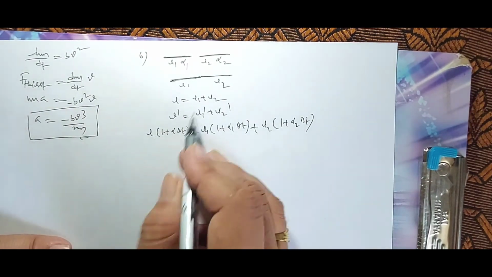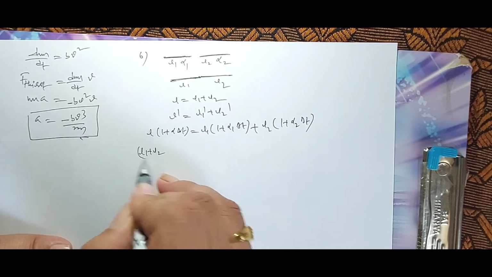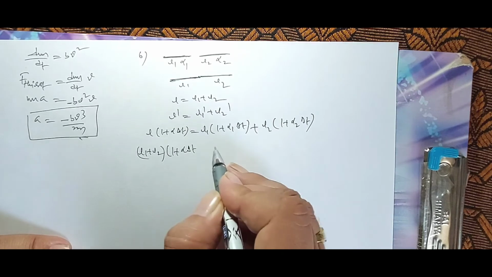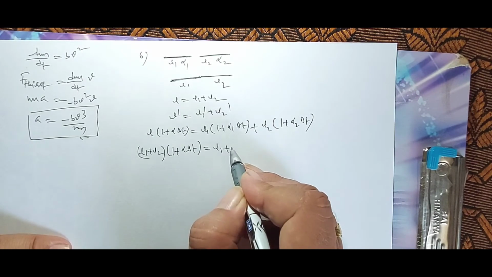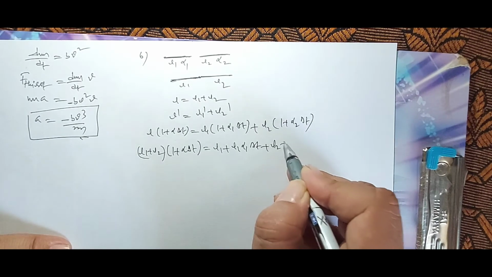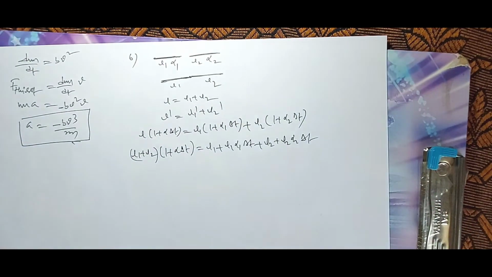Here L is equal to L1 plus L2, so L1 plus L2 into 1 plus alpha delta t is equal to L1 plus L1 alpha 1 delta t plus L2 plus L2 alpha 2 delta t.